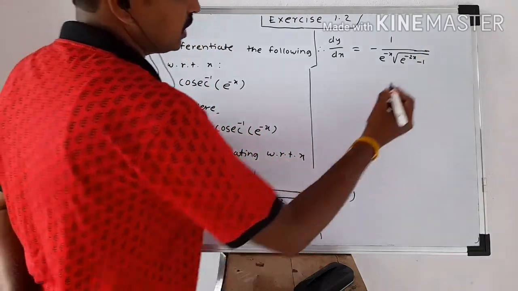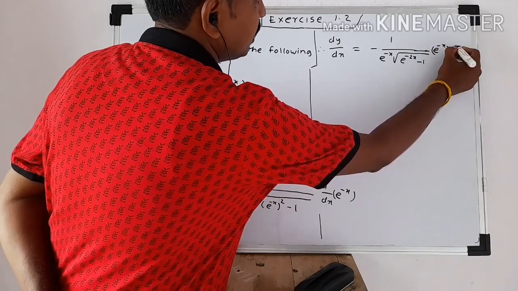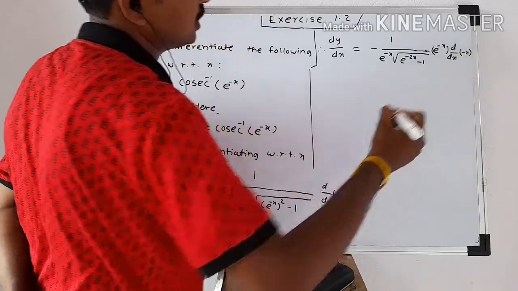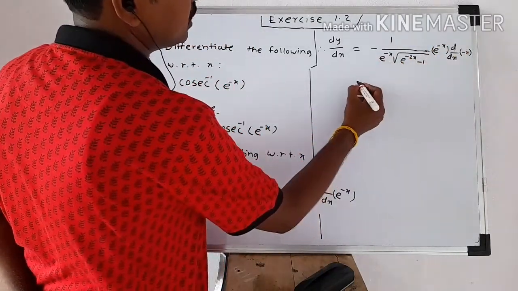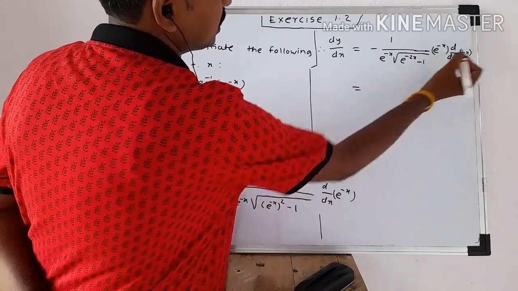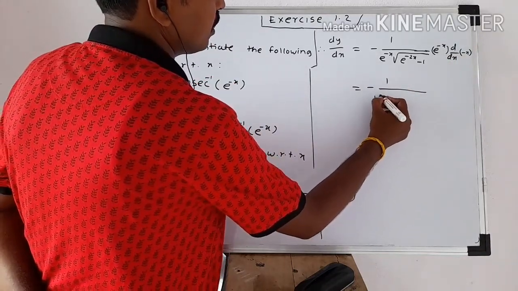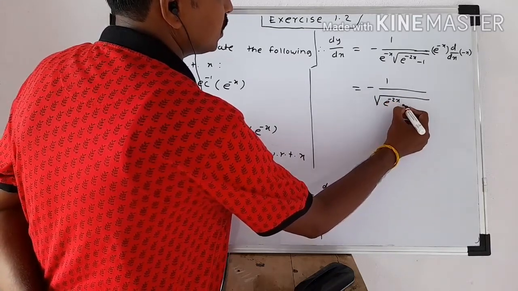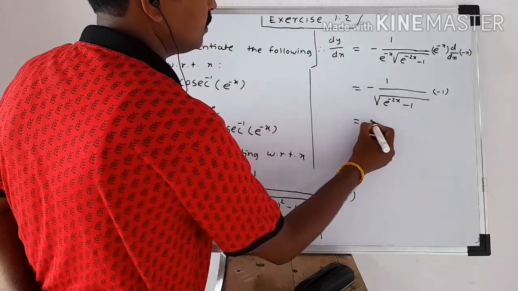Derivative of e raised to minus x is e raised to minus x as it is, into again d by dx of minus x. e raised to minus x will be cancelled and derivative of minus x is minus 1. Therefore we get minus 1 divided by root of e raised to minus 2x minus 1, and derivative of minus x is minus 1, minus minus plus 1.